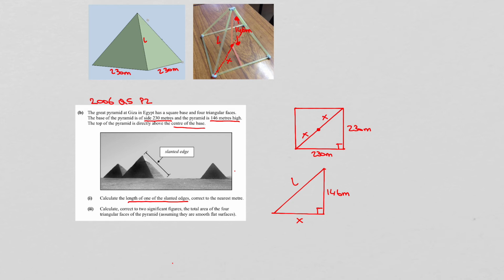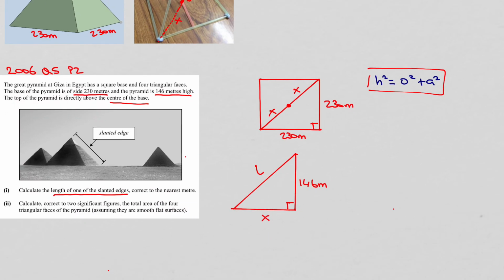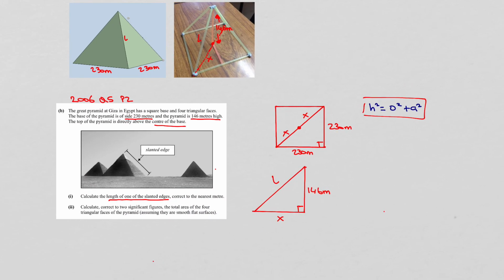So what I would have is my hypotenuse squared is equal to the opposite squared plus the adjacent squared from Pythagoras. Zooming in too much. And therefore we have 2x squared will equal the opposite squared, which is 230 plus 230.